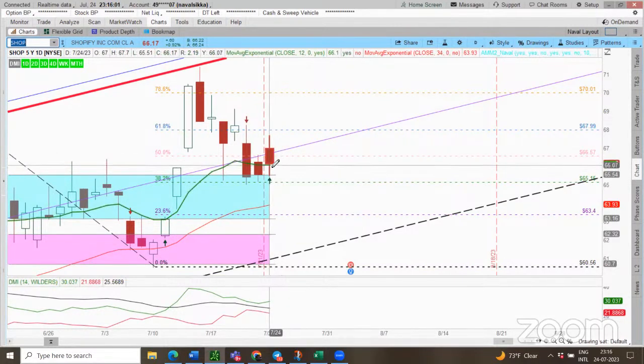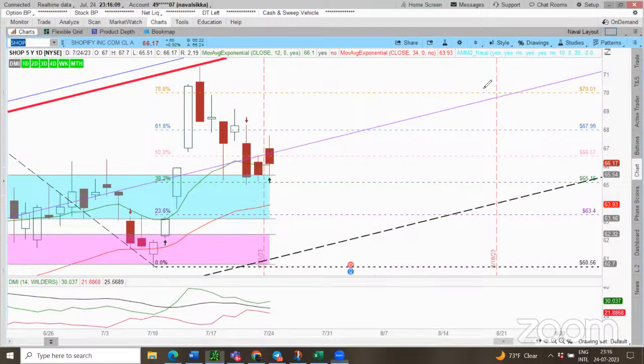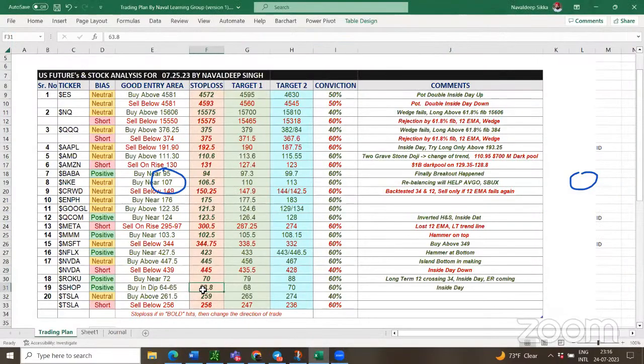So it closed above the 12 EMA, which is a really bullish sign for me. So I'm positive on Shopify. My stop loss has moved to the 38 Fibonacci, which is 65.15. So anytime I see Shopify at 65.15, I'll be a buyer, and buy near 66. That's Shopify.